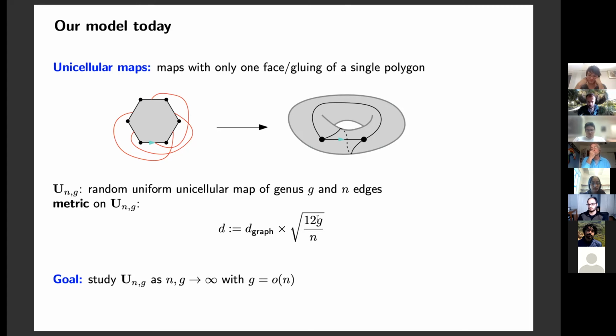So my intuition isn't very complete. Yeah, I have no idea.